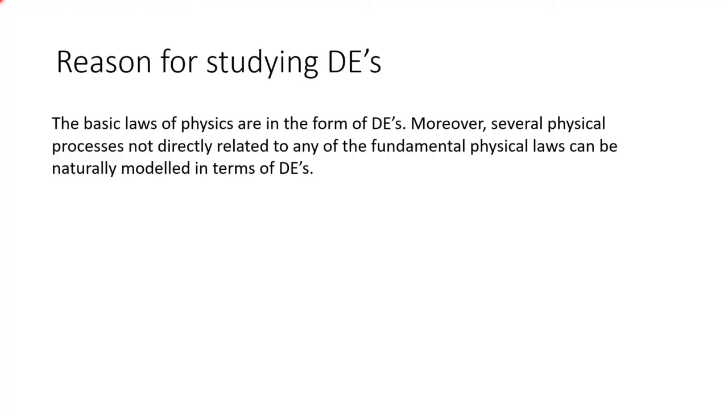But even if you aren't, even if you're looking at something like Newton's law of cooling, where you're trying to model the temperature of some object in the environment, and then you use Newton's law of cooling, which is motivated by experiment, by starting off by assuming that the rate at which the object's temperature changes is proportional to the difference between the object's temperature and the environment's temperature, then of course you'll end up with a differential equation that you have to solve.